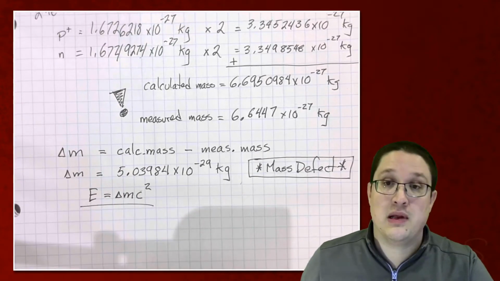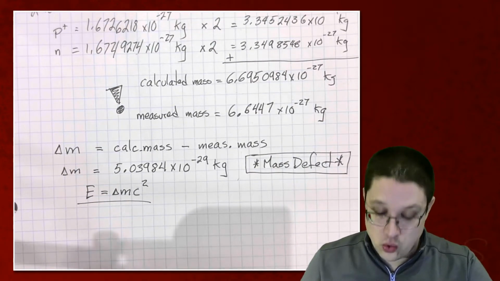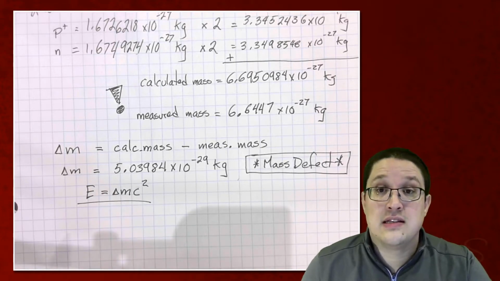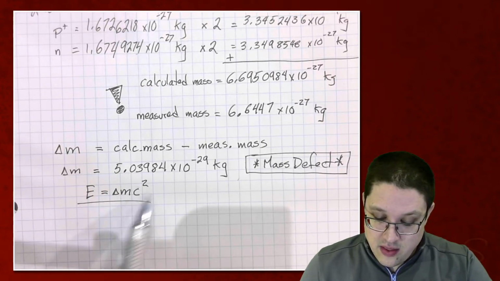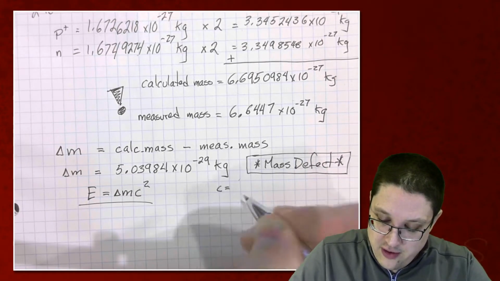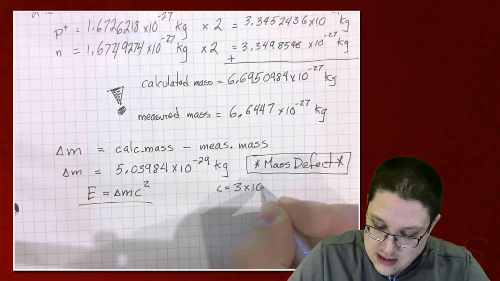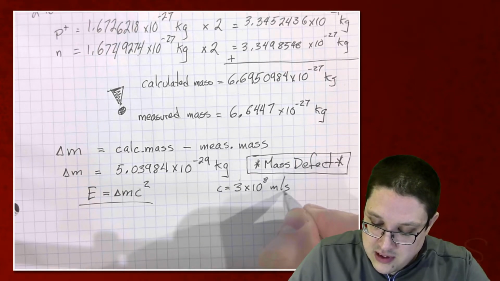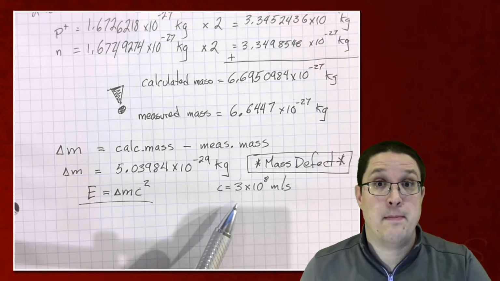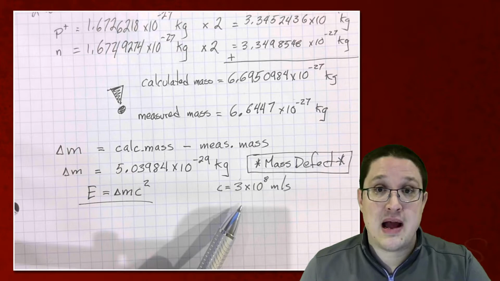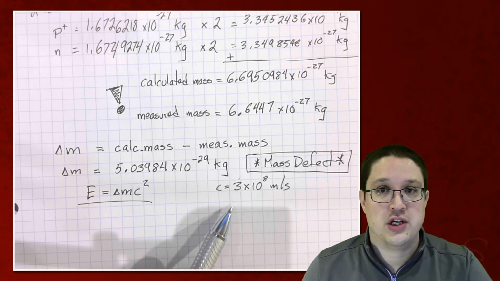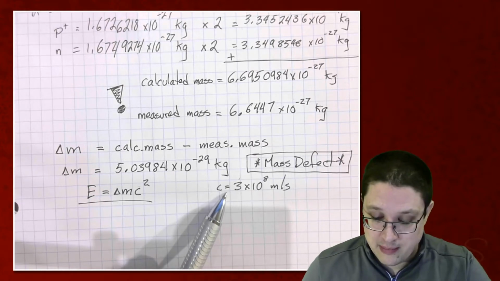So here's our new formula, E equals mc squared, or delta M, because that's the mass we're looking for. This here is Einstein's formula, and this is extremely famous. Now, note, our speed of light here can be approximated as 3 times 10 to the 8th meters per second. We square that, we get 9 times 10 to the 16th, which is a big number. 1 kilogram of mass is 9 times 10 to the 16th joules of energy. That's a huge, huge number.